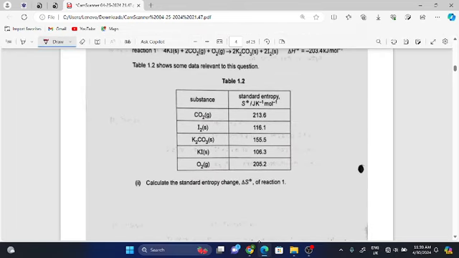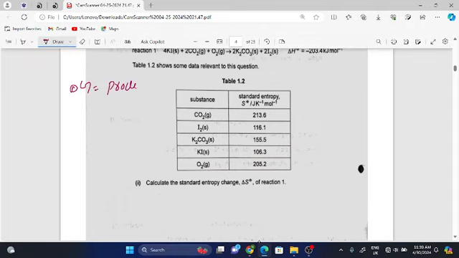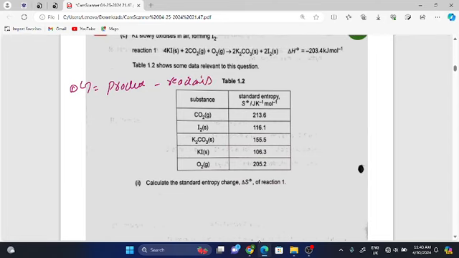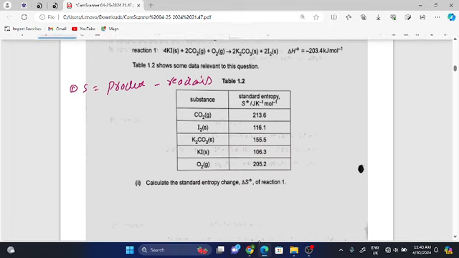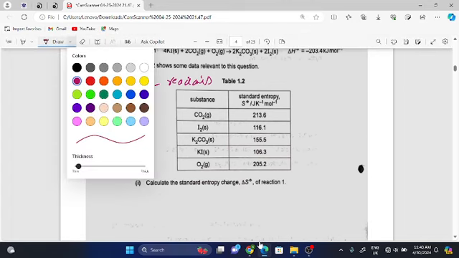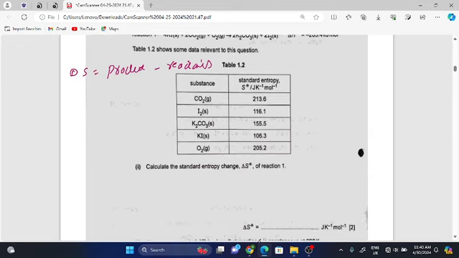So delta S equals products minus reactants. You only have to put the values into the formula to get the value of the entropy change.